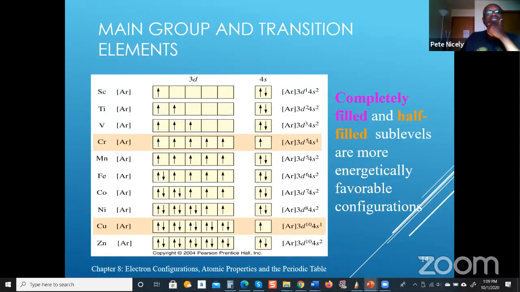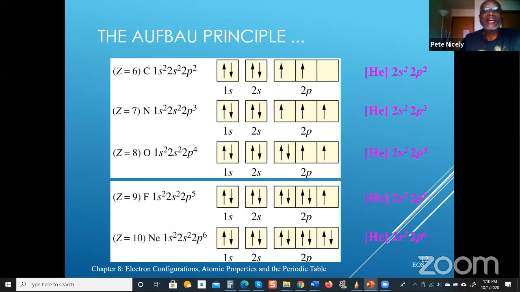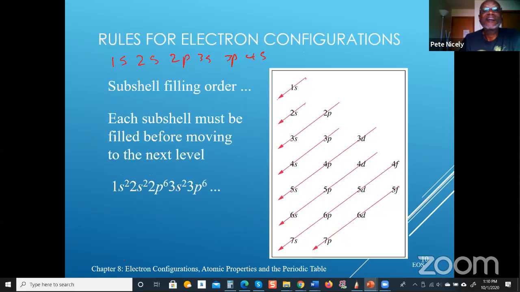There's an error here. Let me just point it out first before I continue with the Aufbau process. I should have corrected this. You'll notice that in each of these cases, you have 3D1 first before 4s2. That is not the correct order, because if you go back to the diagram I showed you, you see that 4s comes before 3d.